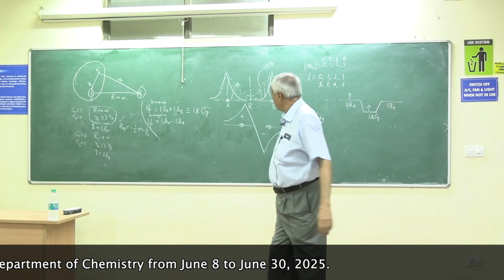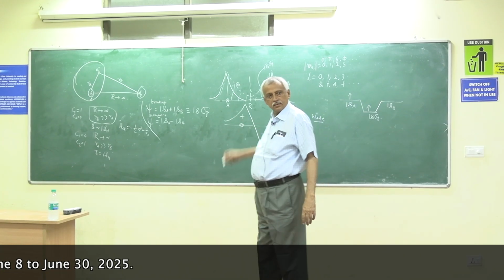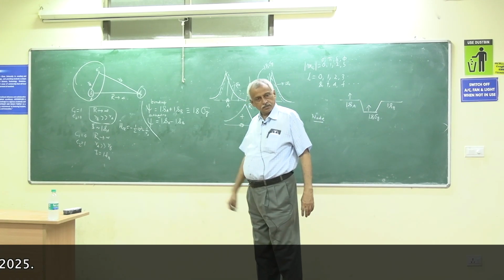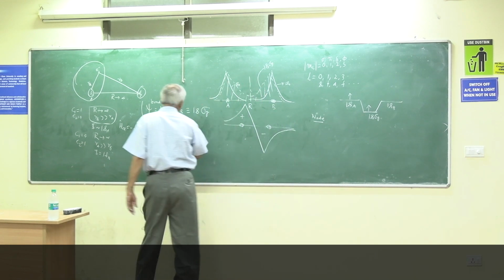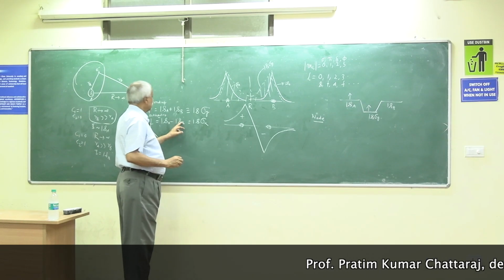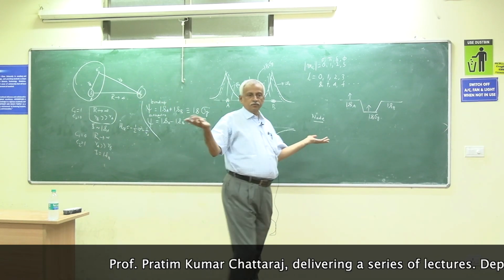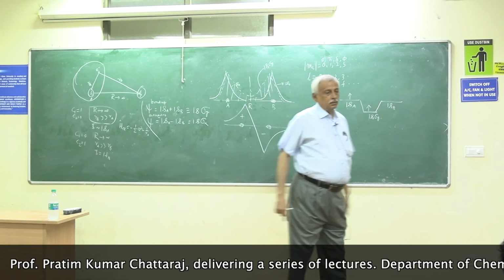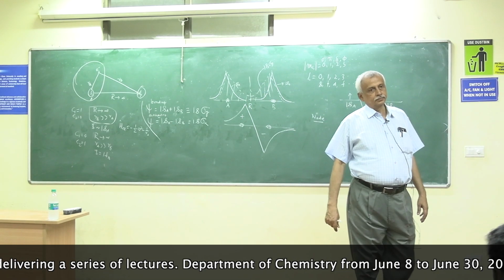Okay? And here you can see the symmetry is u symmetry. Plus goes to minus if you do the corresponding inversion operation. So in this case, we will call this 1s sigma u. Again sigma, because the combination of 0 and 0 will give you 0, and ml should be 0 only. Okay?